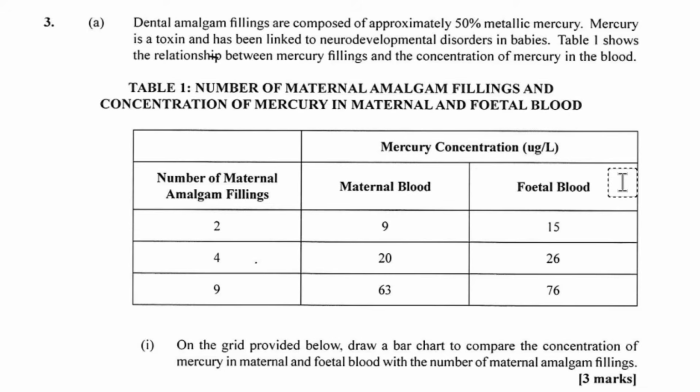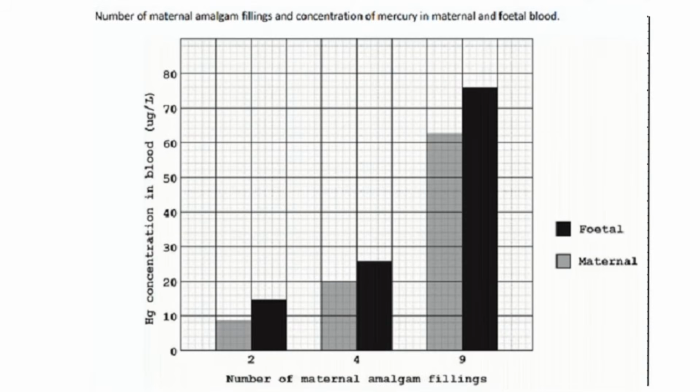What can we observe just by looking at the table? Well, the higher the number of fillings, the higher the mercury concentration in both the maternal blood and the fetal blood. So this is what a graph would look like. You want to draw a bar graph, and make sure you have separations between the bars.